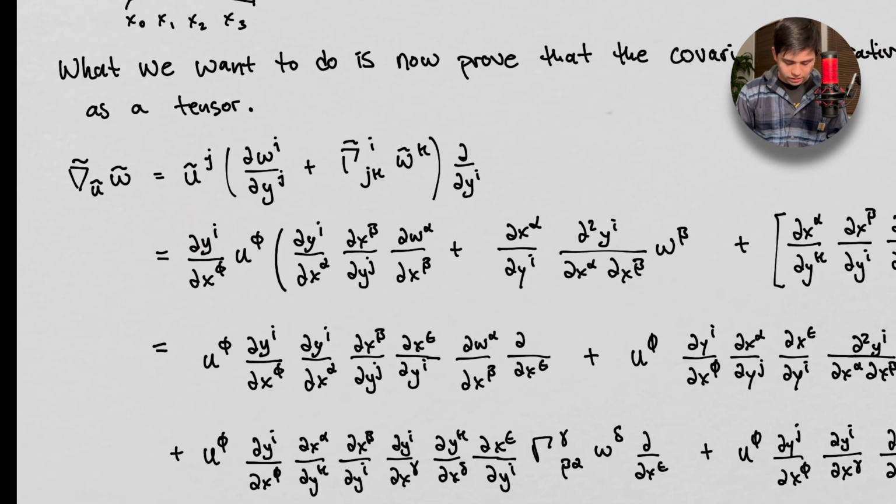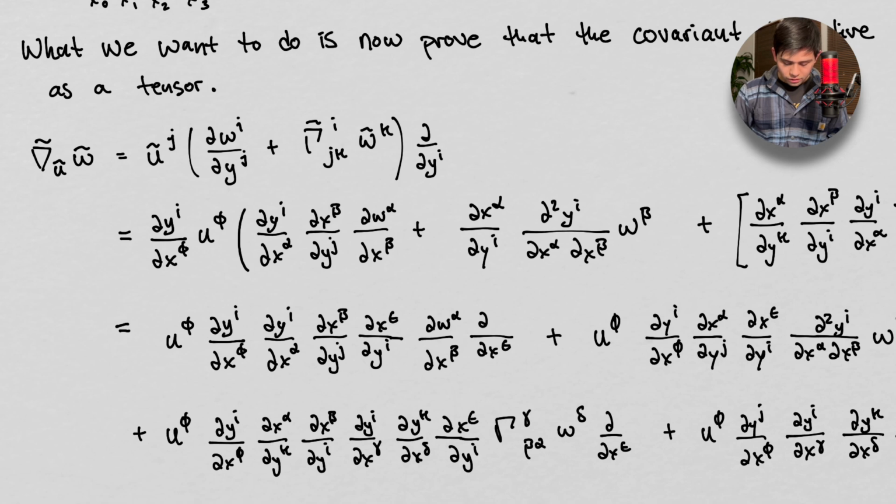This is a chain rule. So this dy^i by some dummy variable is a derivative of some dummy variable. And then we have this guy here, and then what we have going on is a derivative of this guy.